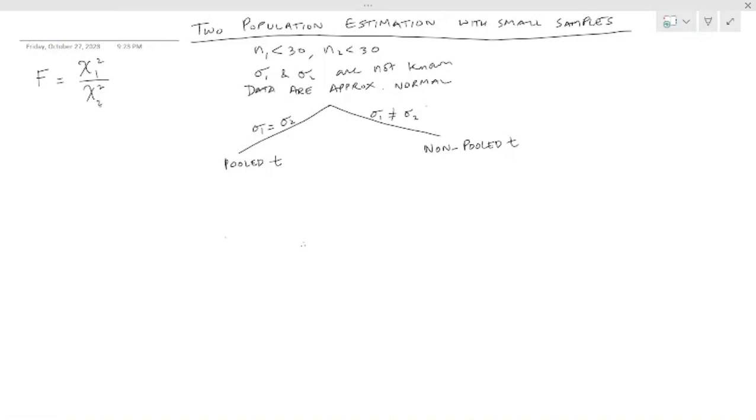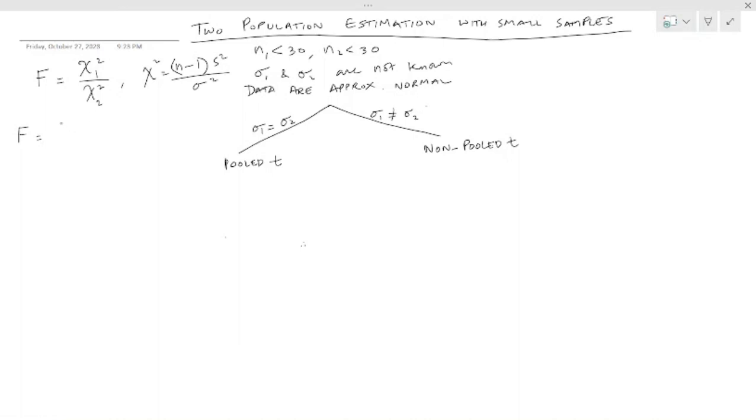These two are again connected in the form of a ratio. We know that chi-square has this formula: n minus 1 times s square divided by sigma square.